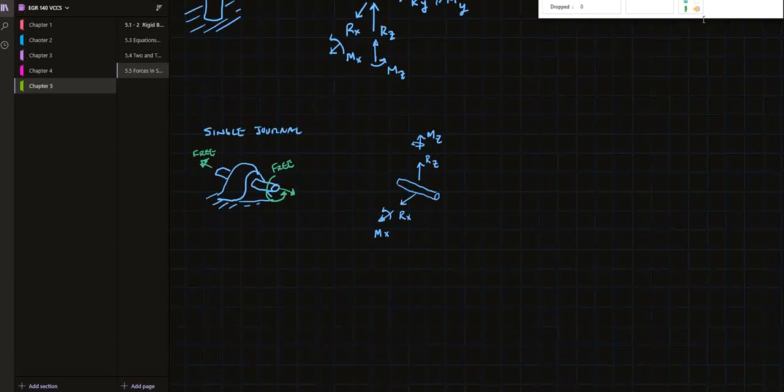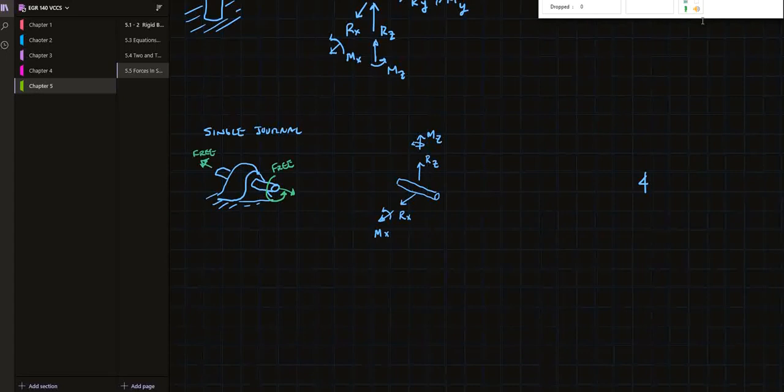It'll be free to rotate and also translate in one. So this will have 4 unknowns. But you can make these in different ways. You can make this square so that it can't rotate anymore, but it can still translate. Or you can make this so it's pinned here and it can't translate, but it can still rotate. So in that case, it would pick up an unknown and move to 5.